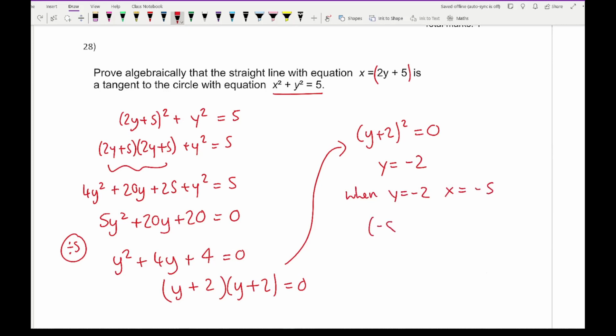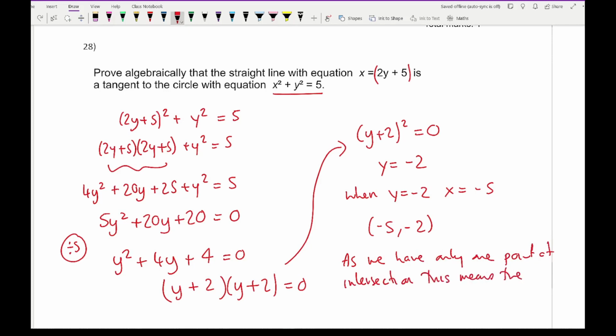So the coordinate is minus 5, minus 2. So here, as we have only one point of intersection, this means the line is a tangent.